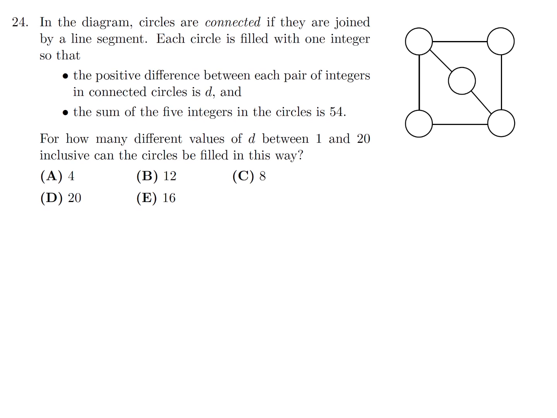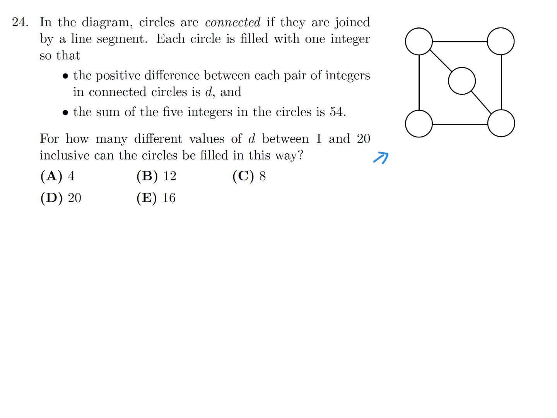So I think obviously this shape here is at the heart of the question, and there's a lot of different ways of creating this. I'll just give one way. And they really don't give us much information either. All they tell you is that the positive difference between each pair of connected circles is d.